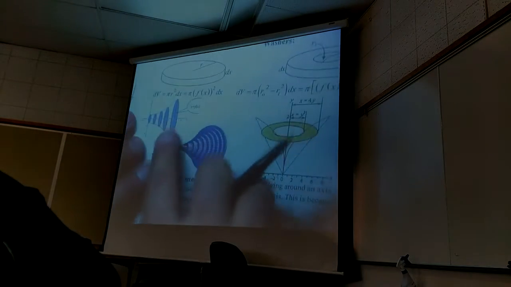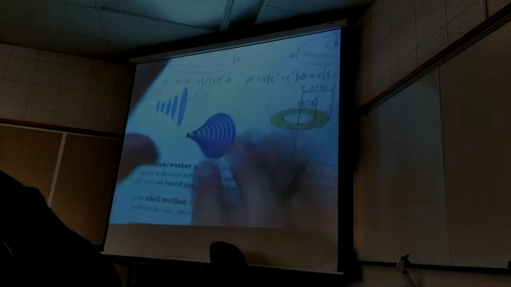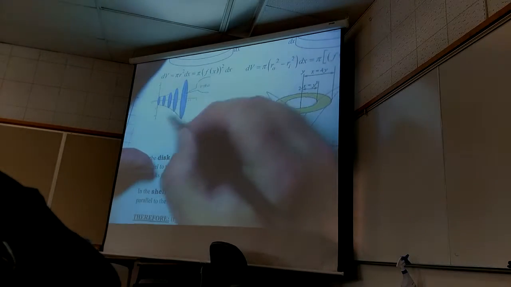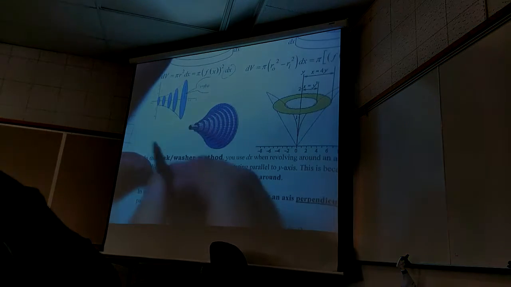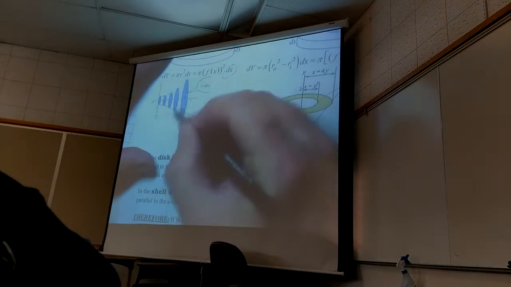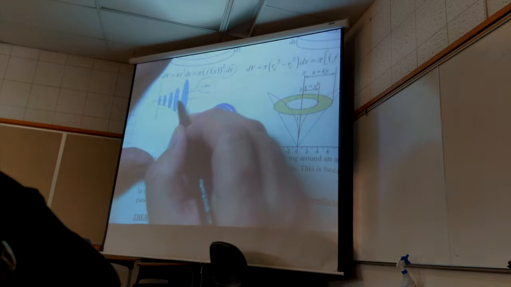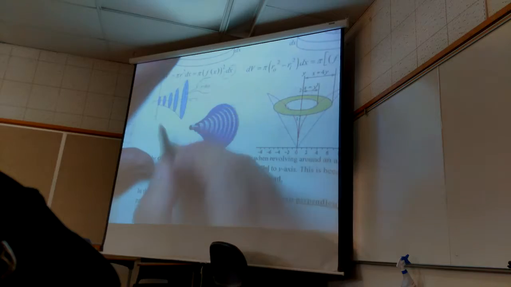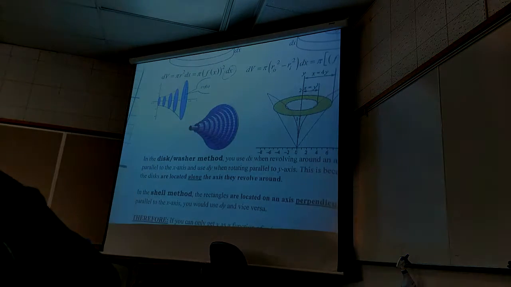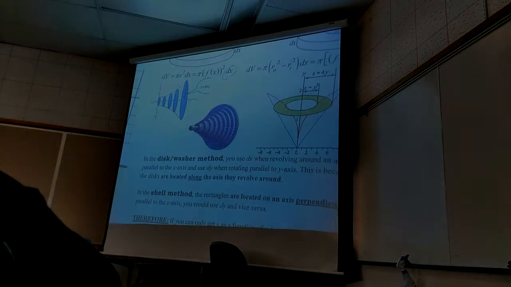So on the back, I try to show you why, when I rotate around the x-axis, it has to be dx. If I rotate around the x-axis, how do I find my circles? This circle exists at what position? On the x-axis.